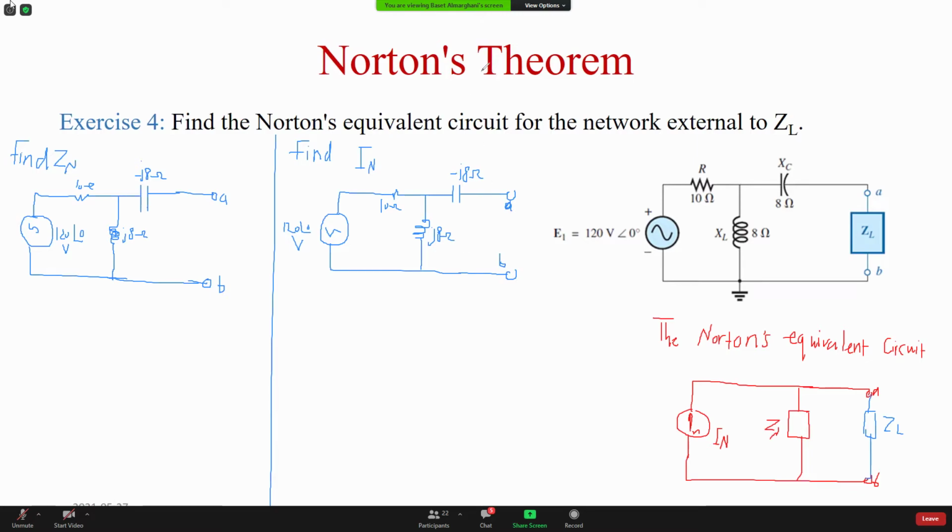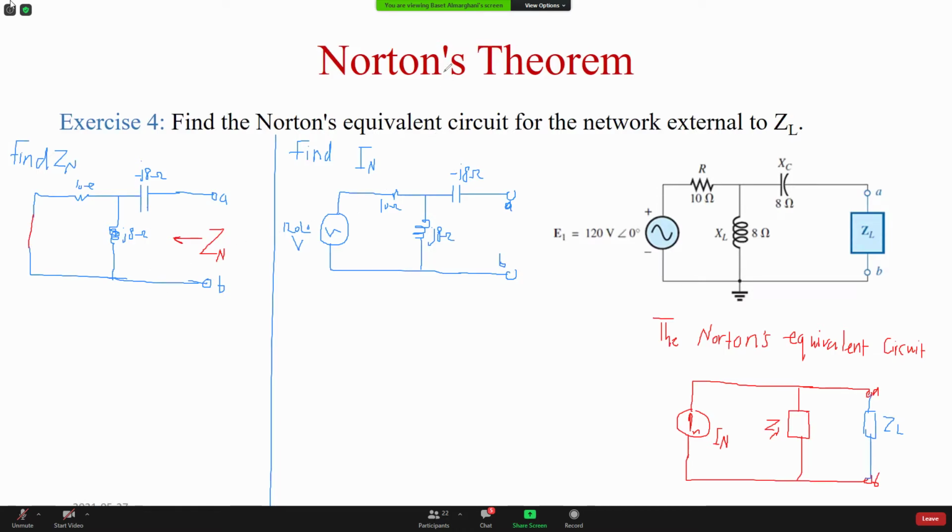Now the difference, when I want to find Zn, I'm gonna remove the sources and Zn is gonna be here between the terminals. I'm gonna look this way, look into the circuit from the terminals, and I'm gonna remove the source. It's a voltage source, so I'm gonna replace it with the short circuit. So this is the circuit that I'm gonna use to find Zn.